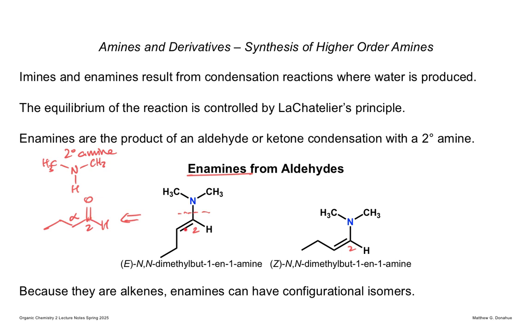But now in the product, there's a double bond. So this alpha carbon here, it starts with 2, it loses 1. So there's where the second H for water is coming from, the alpha carbon.